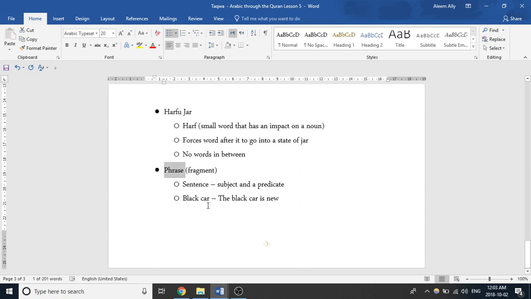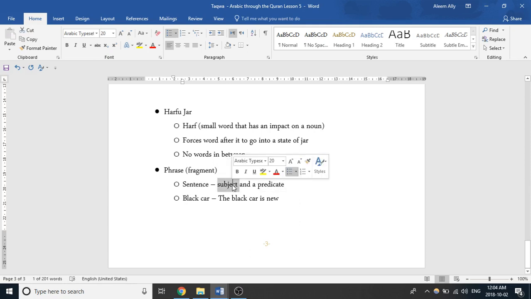So we mentioned that in the last video. I think we said prepositional phrase. So what exactly is a phrase? A phrase, also known as a fragment, is a part of a sentence. It's what's known as an incomplete sentence. So in English and Arabic, a sentence requires two parts to be complete, a subject and a predicate.